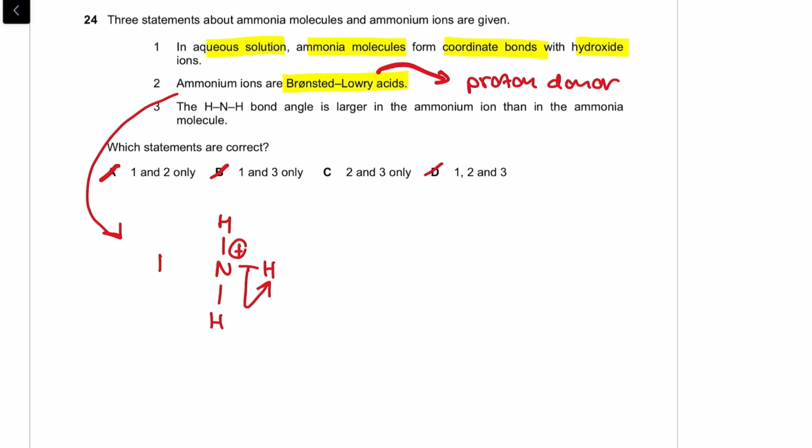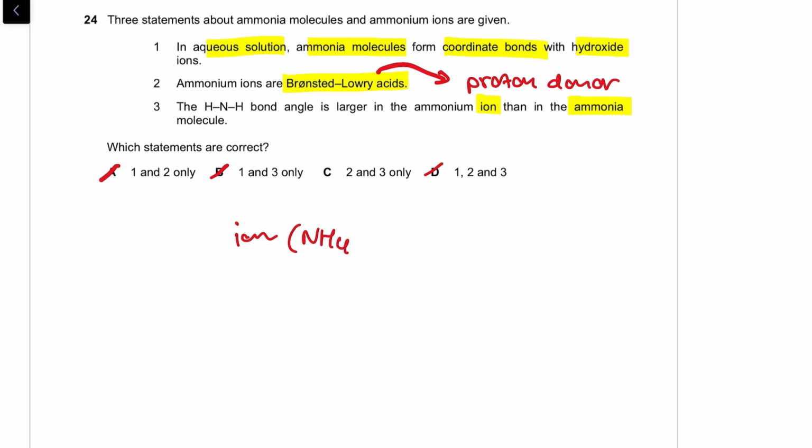Statement number 3 says that the H-N-H bond angle is larger in the ammonium ion than it is in ammonia. So let's take a look at both. In the ion, NH4+, this is what it looks like, and it has a bond angle of 109.5.